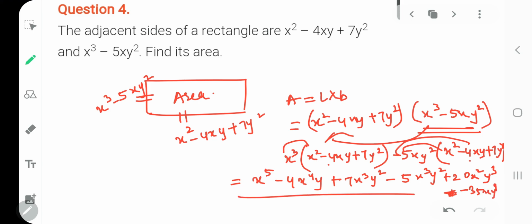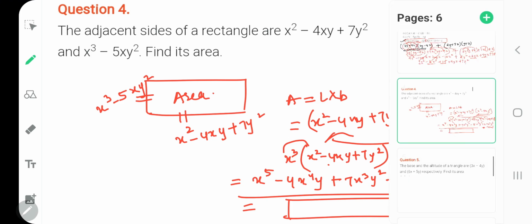Now if you have any like terms you can put them together and do plus or minus however it is required, or else you can keep them as it is. Getting my point clear?